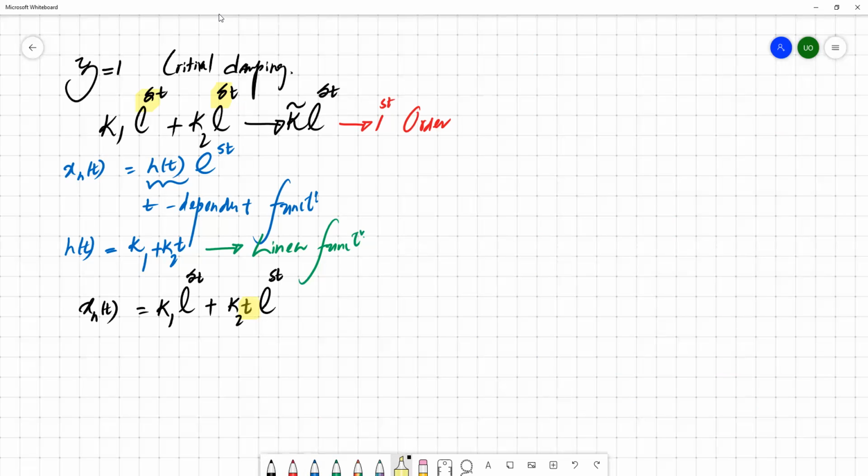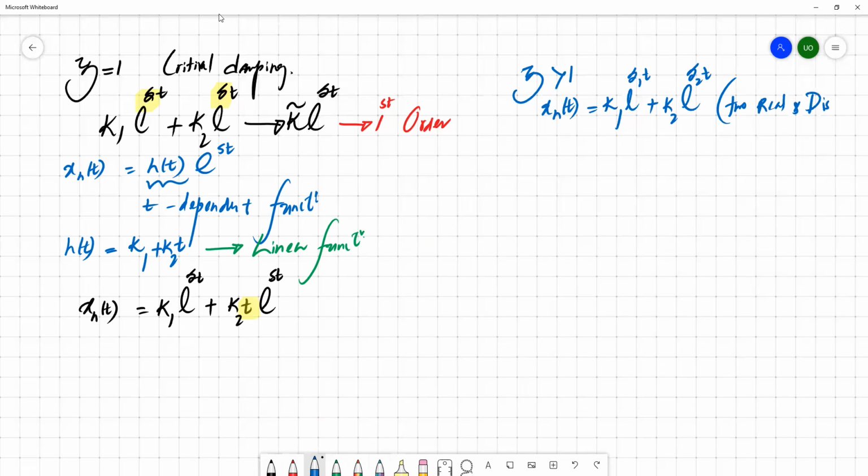If you take a summary of this: if theta is greater than 1, your x_n would be K1 e to the power sigma 1 t plus K2 e to the power sigma 2 t. For this case, you have two real and distinct roots.